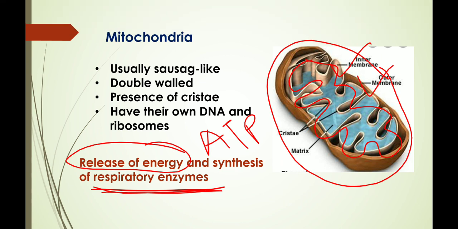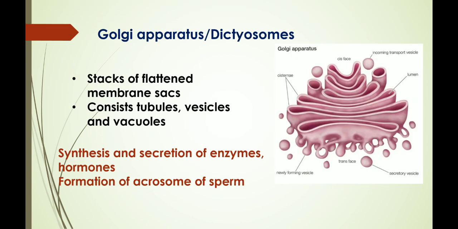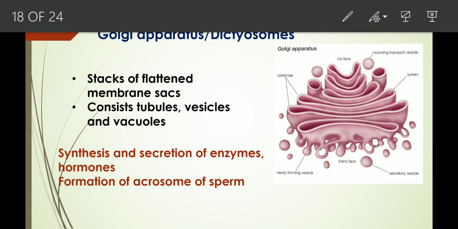Clear? Next is Golgi apparatus or dictyosomes. When this structure is present in an animal cell, then we call it Golgi apparatus. But when it is present in a plant cell, then we call the same structure dictyosome. Clear?